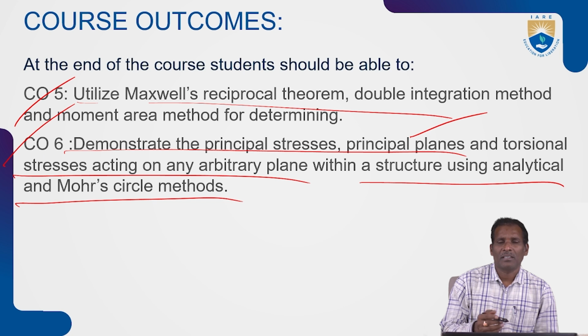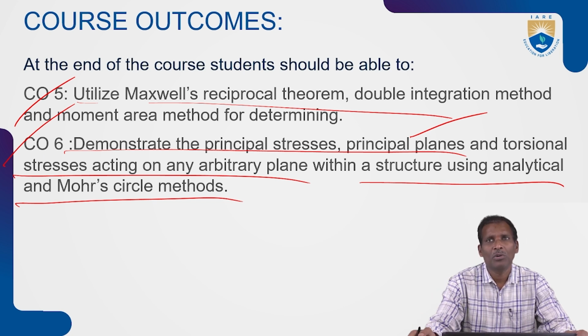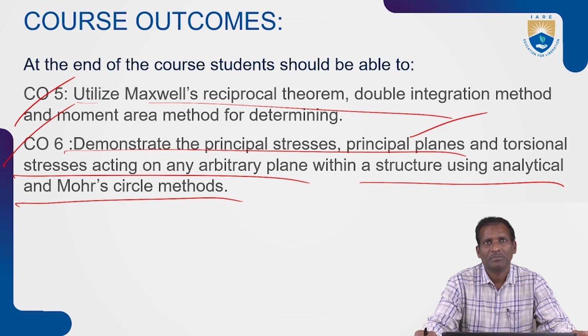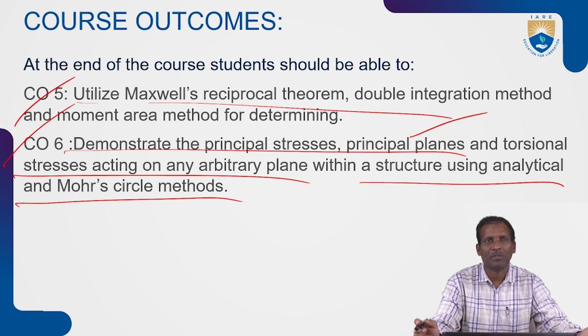Clear? And recently, in the previous session, we covered the definitions and terminology related to Mohr's circle methods and principal stresses. So the course outcome is that students should be able to demonstrate the principal stresses, principal planes, and principal strains, and also the analytical and Mohr's circle methods.